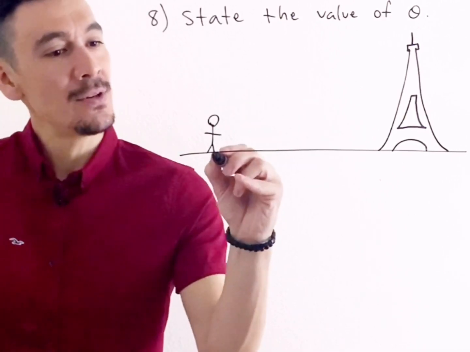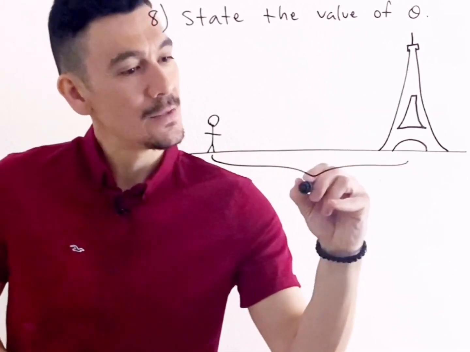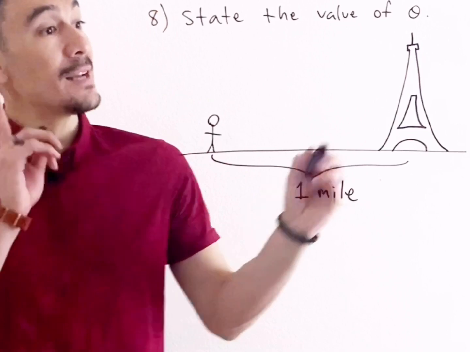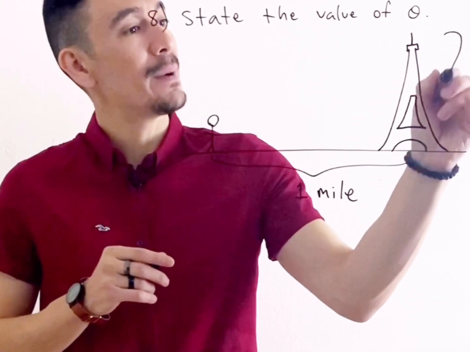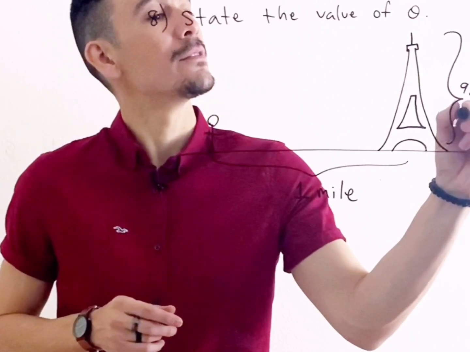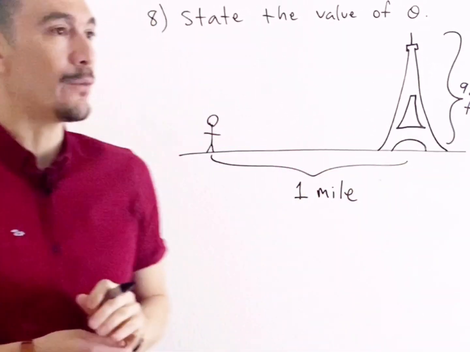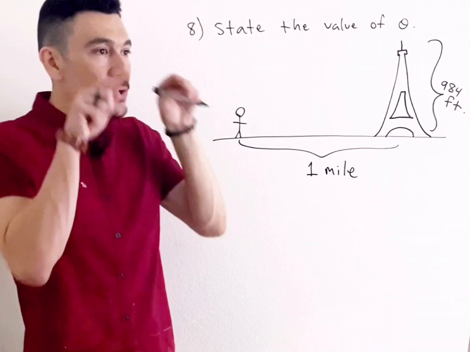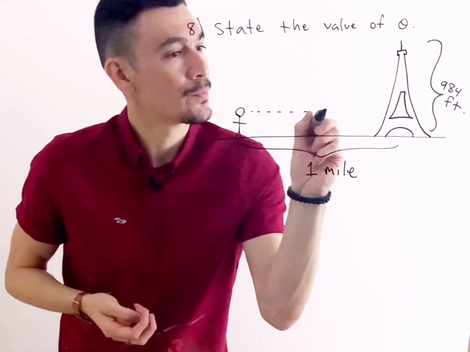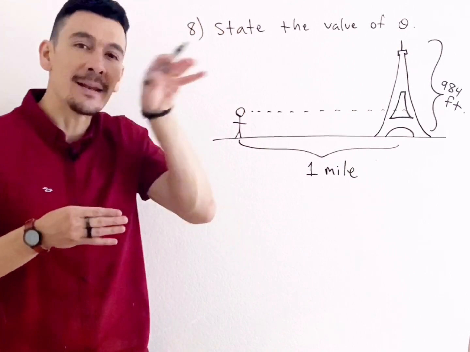And as it turns out, it's 1 mile away from you. And the tower, let's say from top to bottom, I believe it's 984 feet. Now, your eyes usually go like this. That's your normal line of sight.